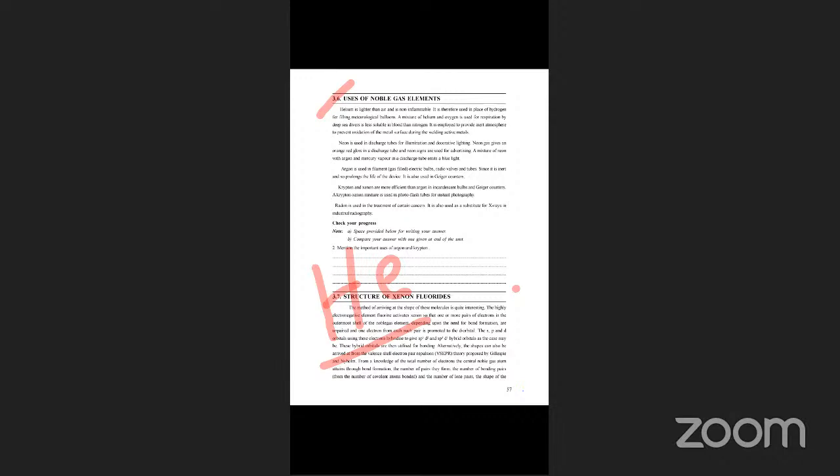A mixture of helium and oxygen is used for respiration by deep sea divers. You know that deep sea divers are under the sea, so oxygen levels are very low there.